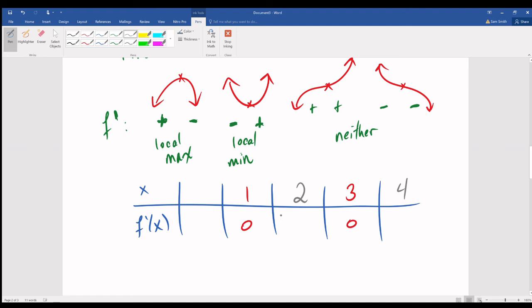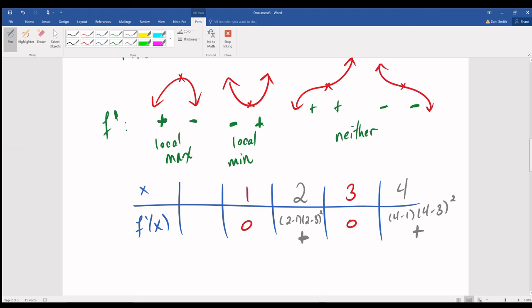Now if I plug that into f prime, then the result of this is a positive number. And if I plug my other test value 4, the result of this is also positive.